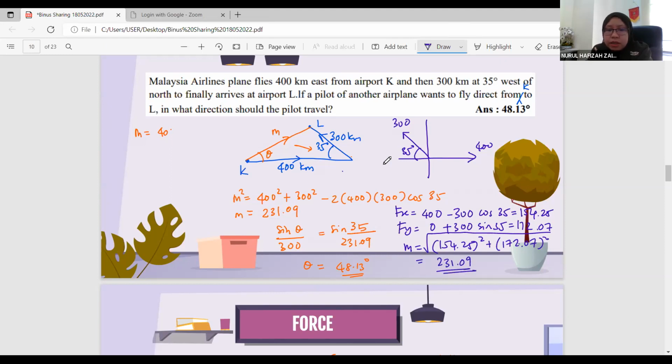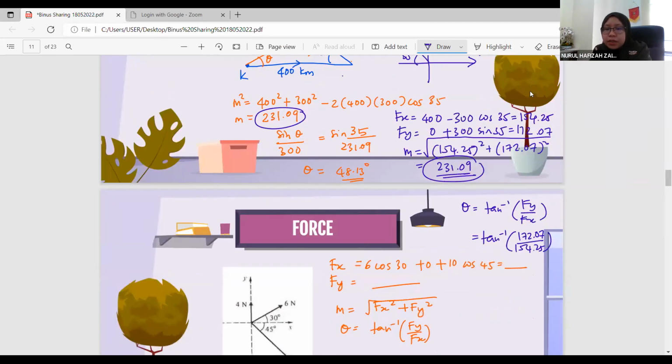231.09. So the answer is the same, but this one I'm using the cosine rule, and this one I'm using the formula that we learn about the x component and y component. And then for theta, Fy over Fx, so I get tan inverse of 172.07 divided by 154.25.